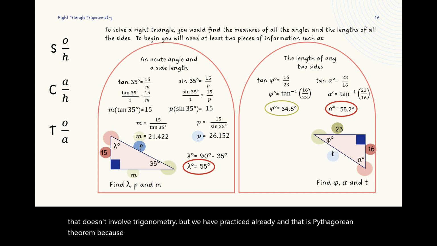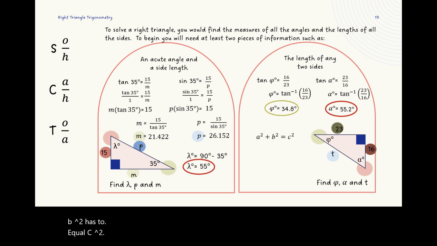Because it is the hypotenuse that's missing on a right triangle, we know that a squared plus b squared has to equal c squared. So 23 squared plus 16 squared has to equal t squared.